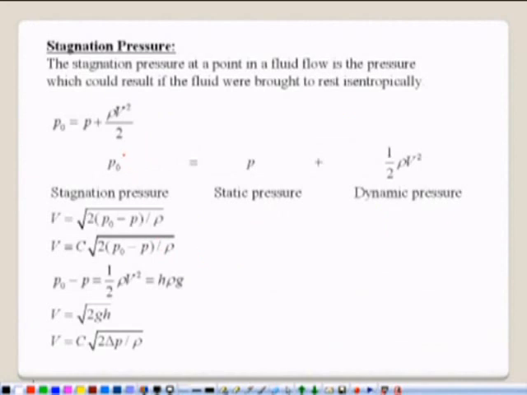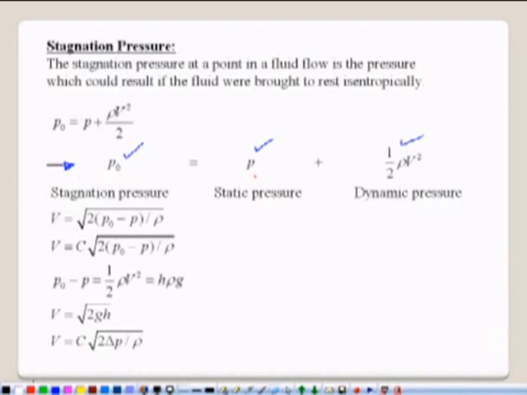Total pressure at point B is equal to static pressure at point A plus dynamic pressure at point A, right. So by applying the Bernoulli equation at points A and B, we can write this equation. This equation is derived with the help of the Bernoulli equation at points A and B.